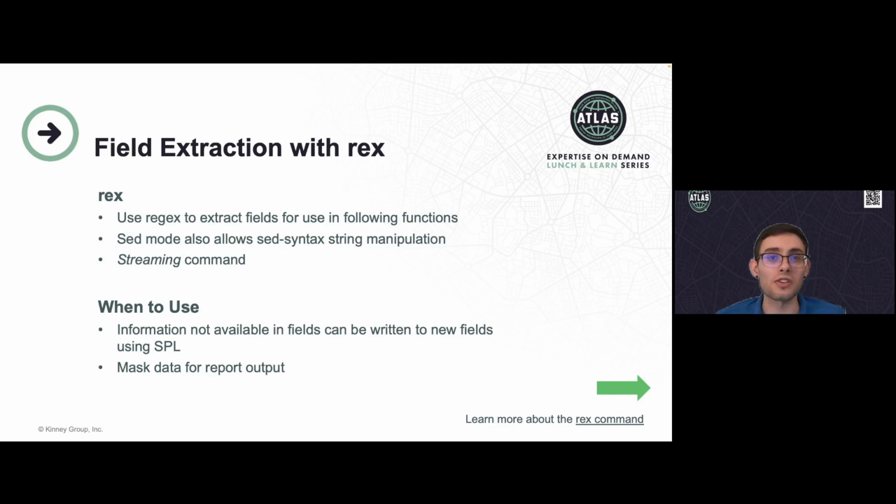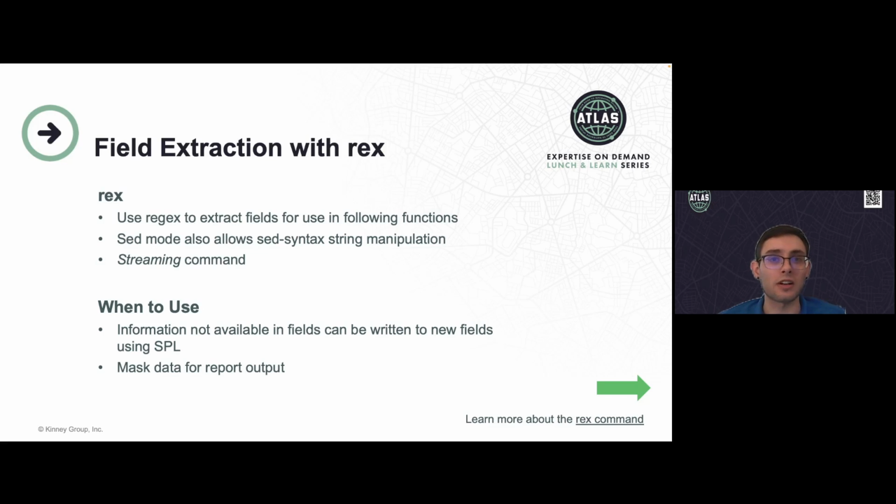And so this could very well be handled actually in the configuration of props and transforms and extracting fields at the right times and indexing data. But as you're bringing in new data sources, you need to understand what's available for use in Splunk. A lot of times you'll find yourself needing to extract new fields inline in your searches and be able to use those in your search logic.